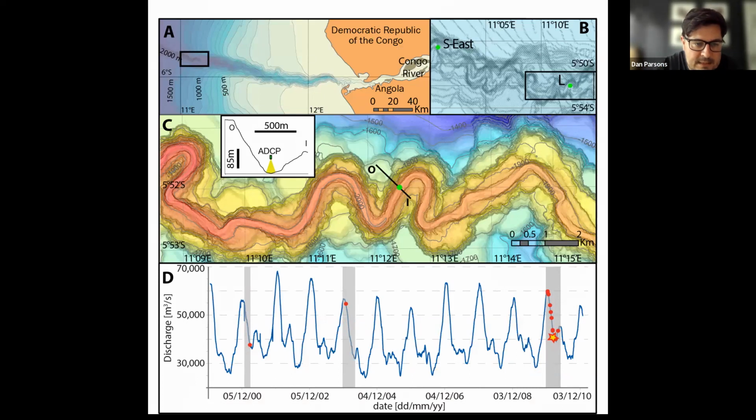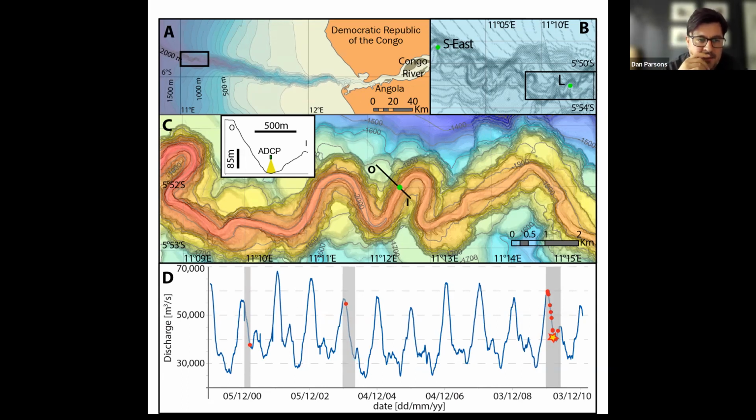So we've been doing this project for a number of years now, where we first of all used some data from a Chevron project. Chevron were looking at putting a pipeline across the Congo Canyon, and wanted to know whether they needed to pay billions of dollars to drill it and put it underneath the canyon, or whether it was safe to put the pipeline across the canyon.